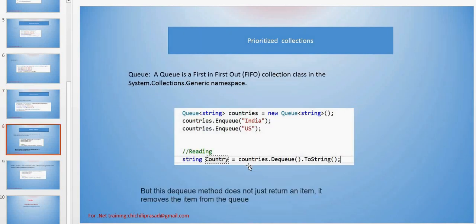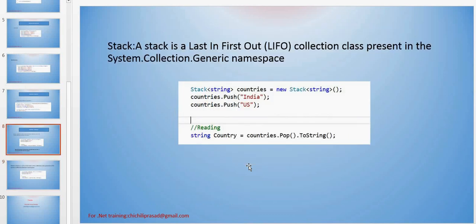Then we'll move to the prioritized collections. In the prioritized collections, we have queue and stack. I think most of you would be familiar with queue and stack. Queue is first in first out. Stack is last in first out.